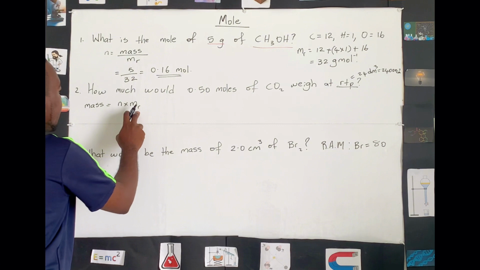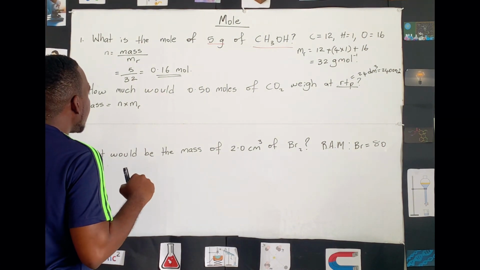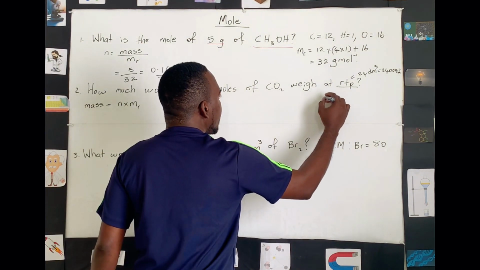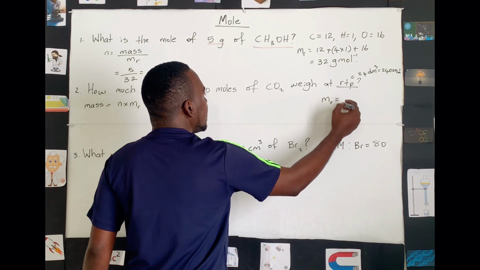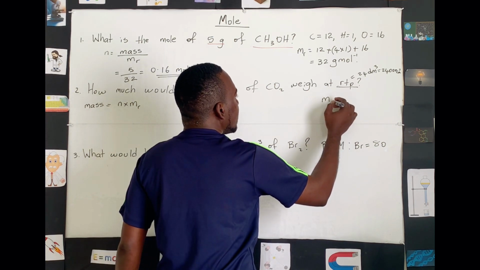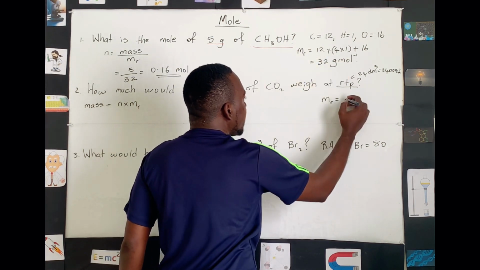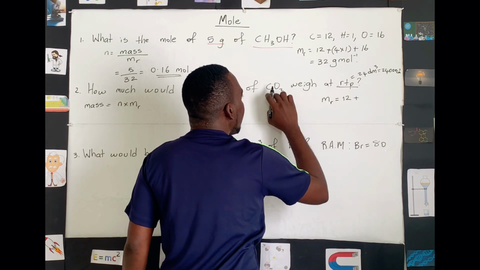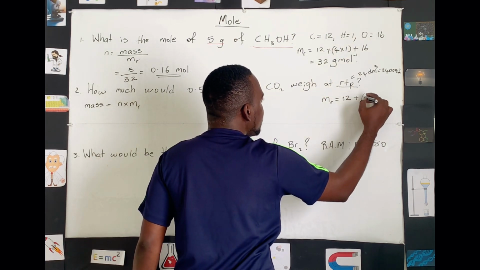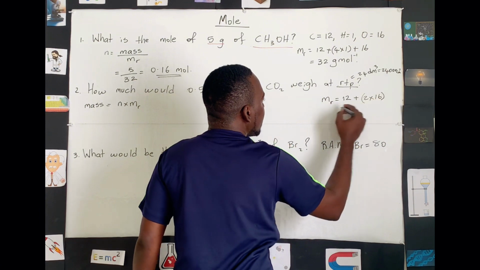Now, we have the mole. Do we have the molar mass? No, we don't have the molar mass. So we can calculate the molar mass, which is equal to, for C is 12, and then oxygen is 16, but it's 2 times 16.